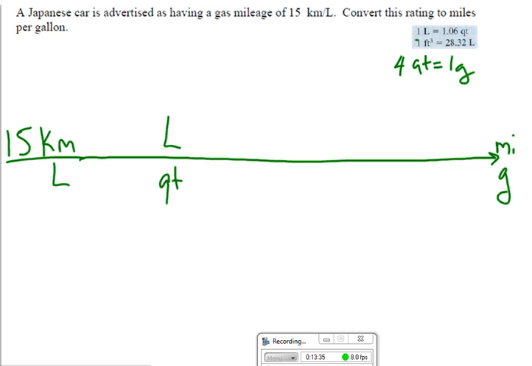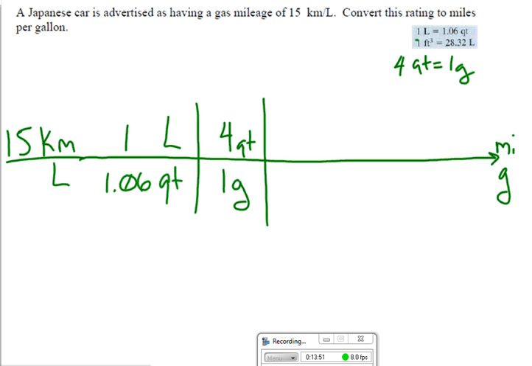And then I can go to quarts. So for every 1 liter, there's 1.06 quarts. For every 4 quarts, I have 1 gallon. Now look right here. My gallons are now below, and they're supposed to be below. So that part of the problem is done. Liters cancels liters, quarts cancels quarts. I'm left with gallons. Done. That is all one part. That's just to take care of the bottom.